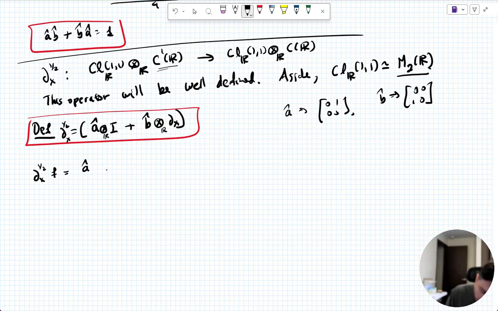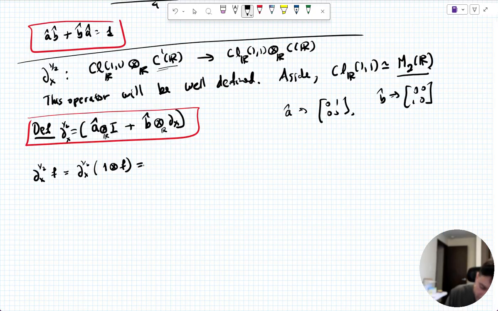So let's do it formally, right? The fractional derivative of the identity tensor the function, and then we're going to do the application.